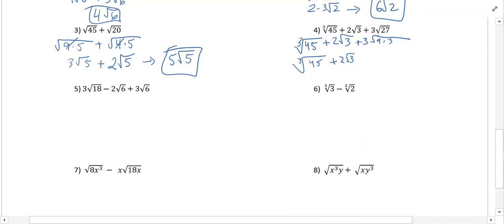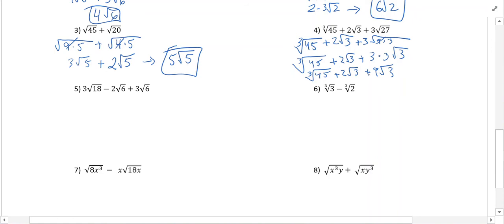And then this last term I need to simplify. So I have plus 3 times the square root of 9, which is going to give me 3. And I still have this rad 3 here. So when I simplify this, 3 times 3, again I'm just going to bring this down. The cube root of 45 plus 2 rad 3 plus 9 rad 3.